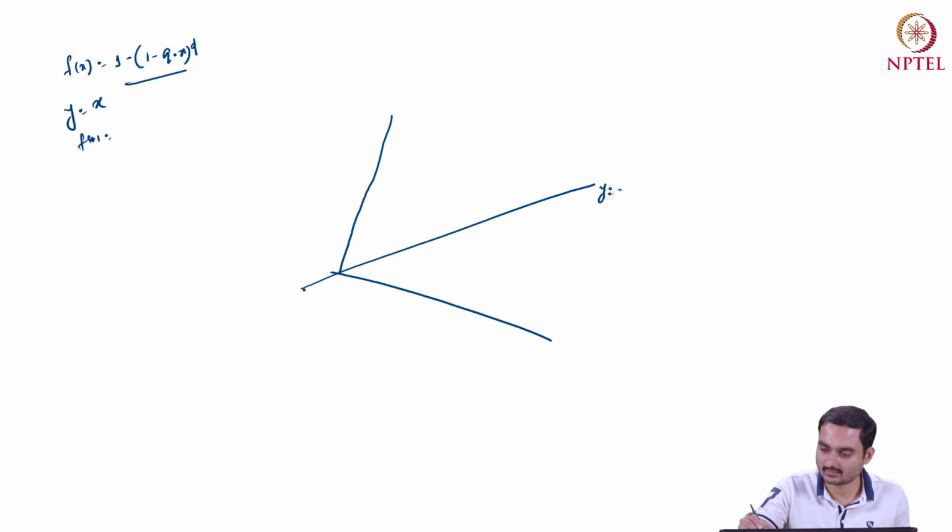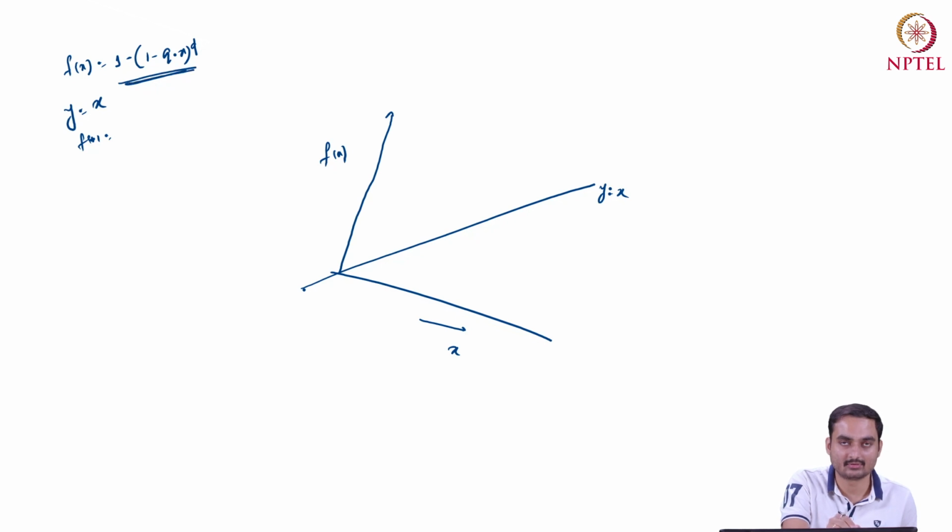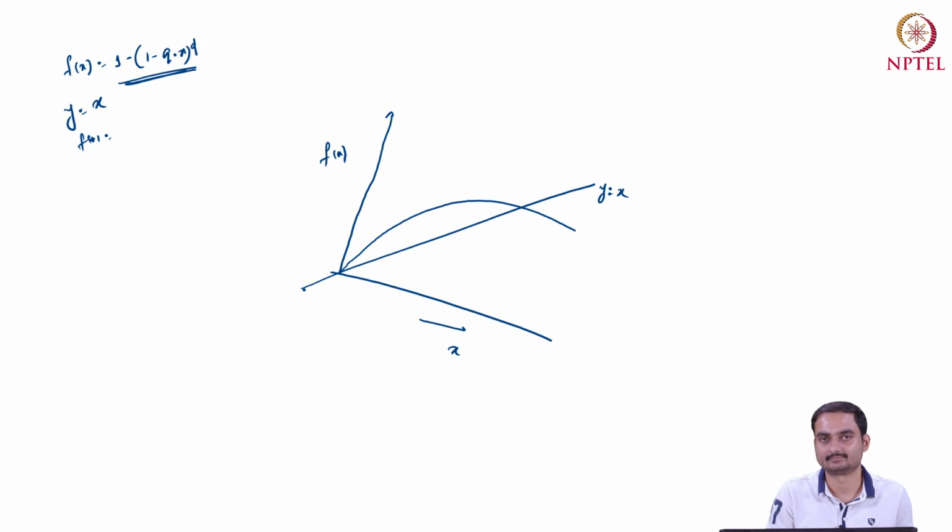So this is the y equals x curve, this is x and this is f of x. Let us assume that this curve looks like this. What is x? x is the probability, ranges between 0 and 1.